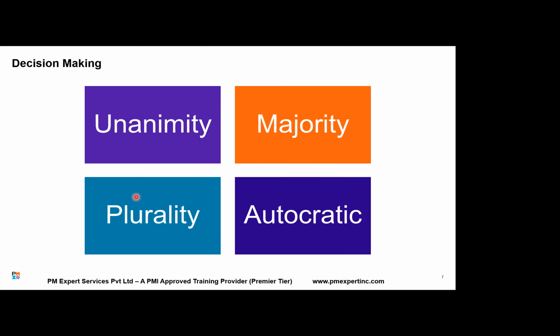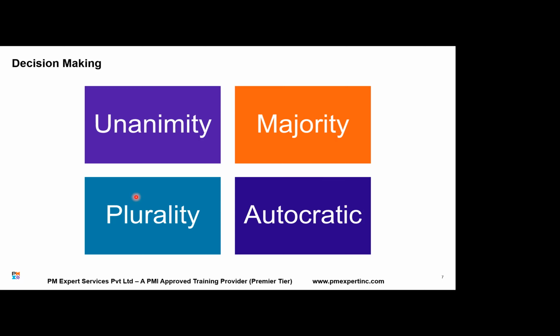So if we are going by plurality, it means go with the group that has the highest vote. The first group that says the requirement should be included, 3 votes, has the highest votes or not? Yeah. So this is called plurality, when you go with the biggest group.